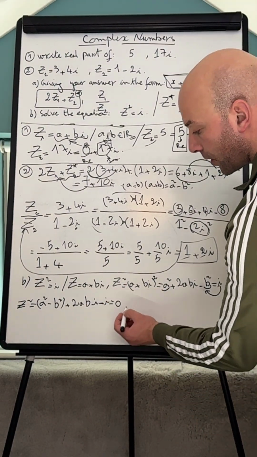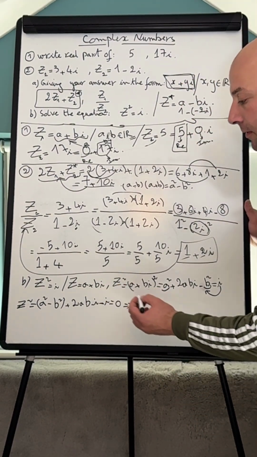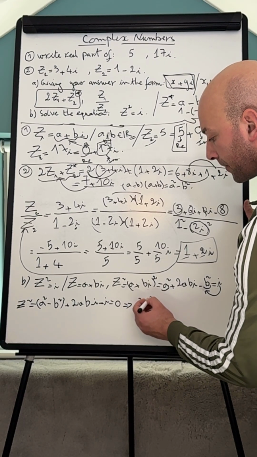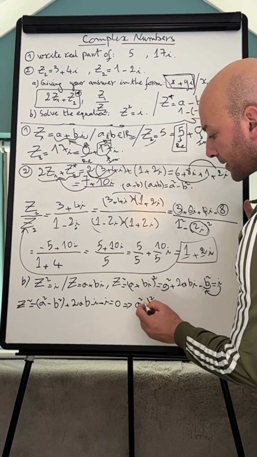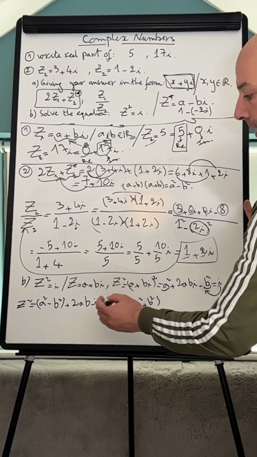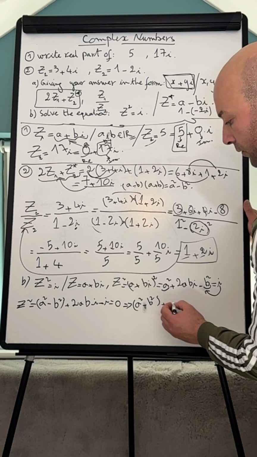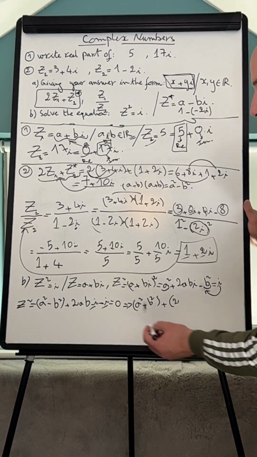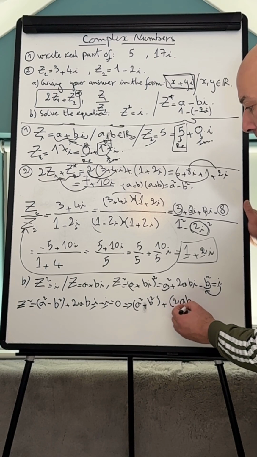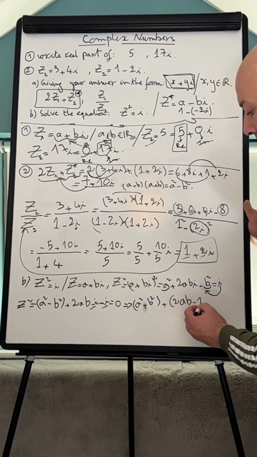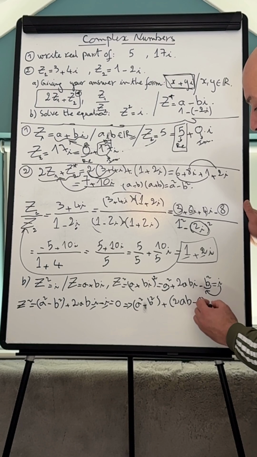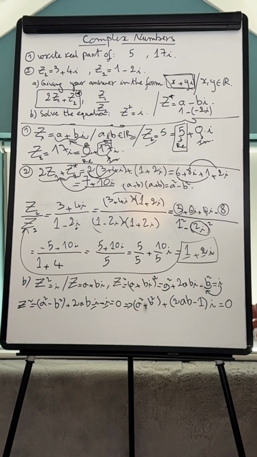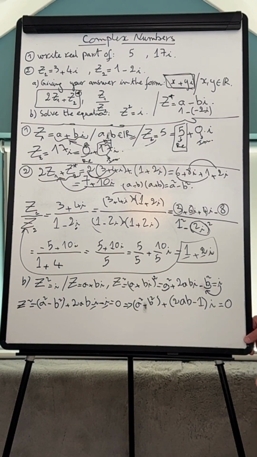So what we can get from here is a squared minus b squared, plus 2ab i minus 1 times i equals 0. This is what we can get from here.